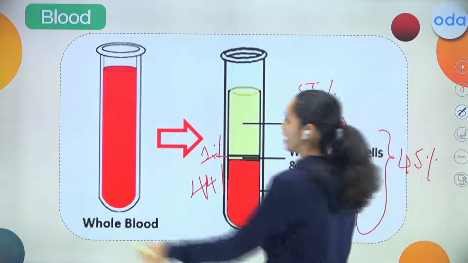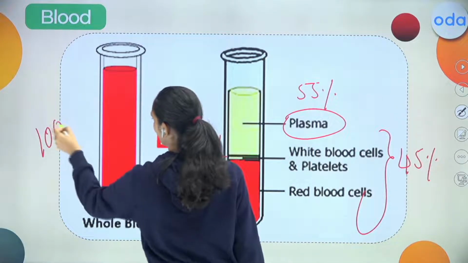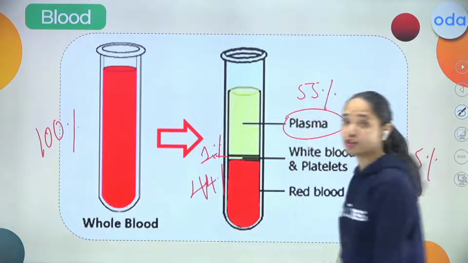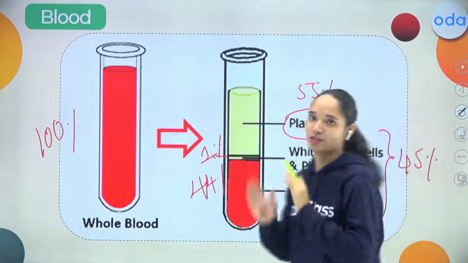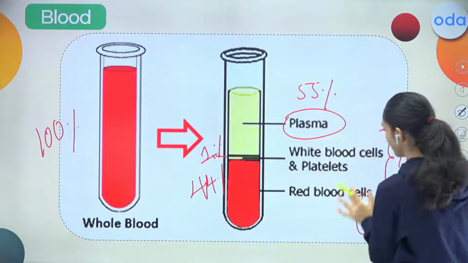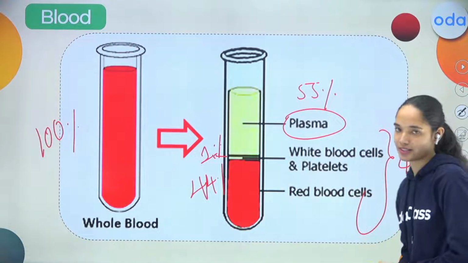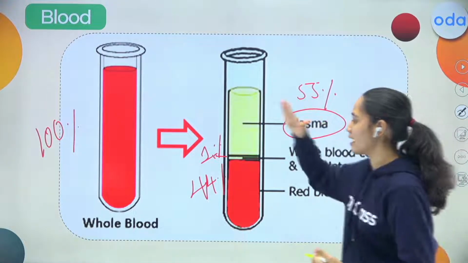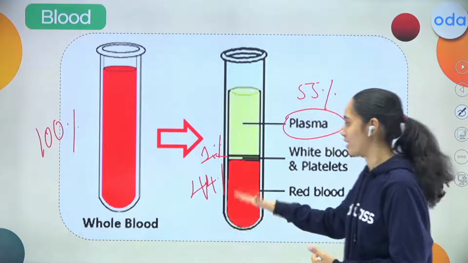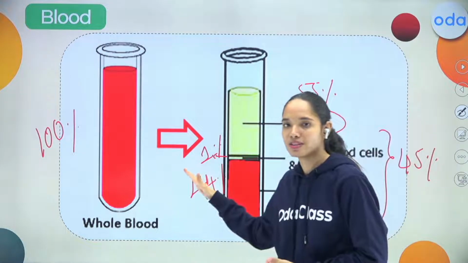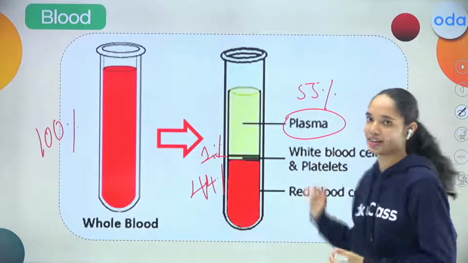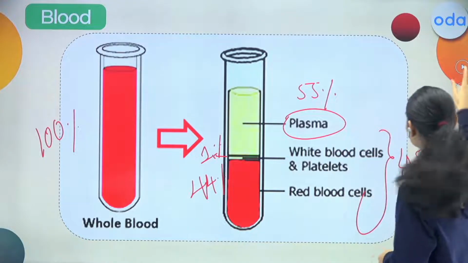Your 100% of blood is divided into 55% of plasma and 45% of formed elements. In this 45%, 44% is red blood cells and the 1% is white blood cells and the platelets.